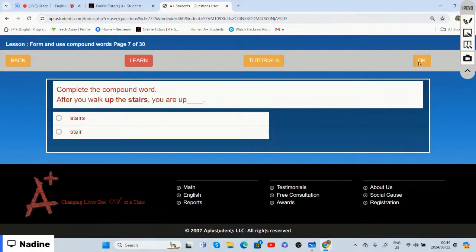Right. And if we were to complete the compound words, we can say, after you walk up the stairs, you are up. Do we say we are upstairs or we are upstairs? Which one is correct? Option one, upstairs, or option two, upstairs?